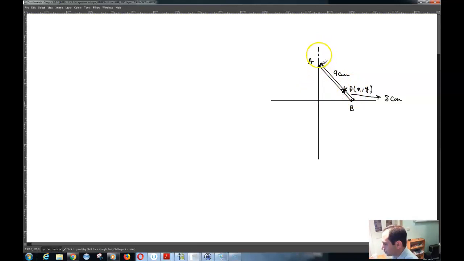As you move the rod, the point P will have a path.